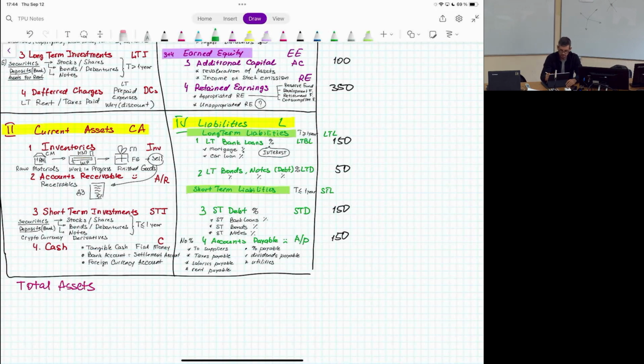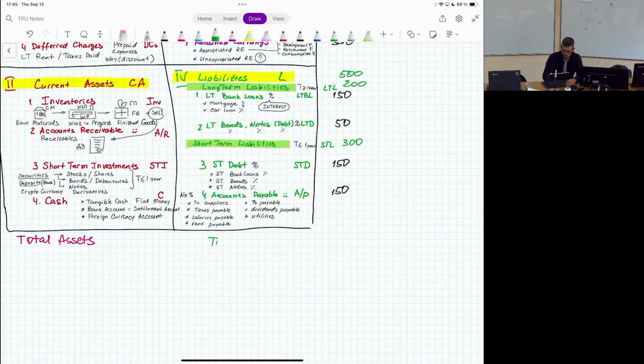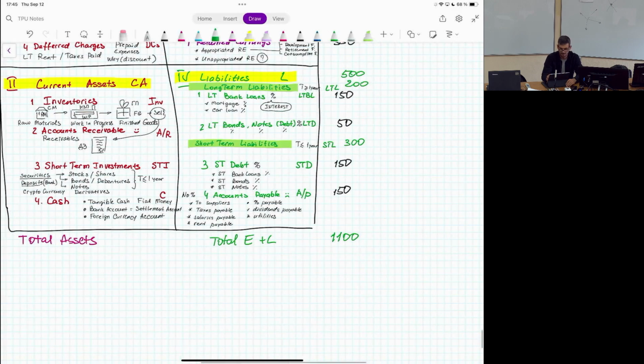Okay, how much will be the short-term liabilities? The short-term, 300. The long-term will be 200. And all the liabilities will be 500. So total equity plus liabilities will be 1,100. The same. It's always the same? Yes. By the rule, it should be the same. Or balance sheet is not a balance sheet. Okay? It's always the same.